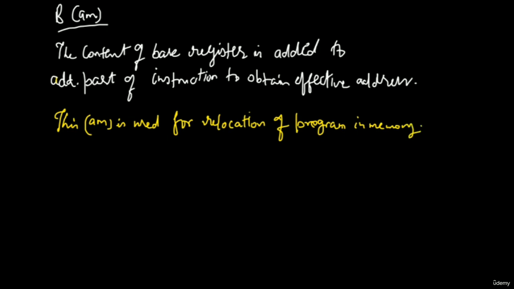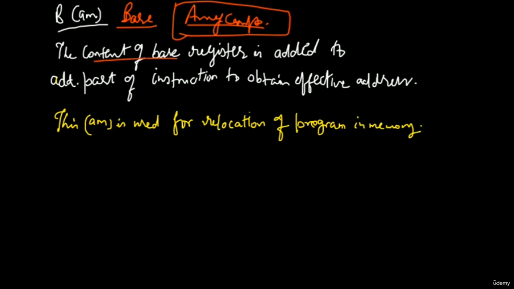In the base addressing mode, the name itself seems like there is an army camp, right? So there is an army camp or our base camp that we have to return to all the time. So the content of the base register is added to the address part of the instruction to obtain the effective address. So to get the effective address, we need to add it up.